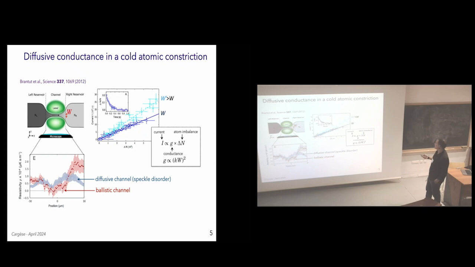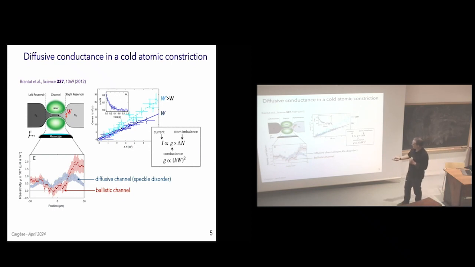And in that case, they could in particular find this proportionality with the cross-section here of the constriction. But even beyond this, the measurement of this conductance, which is a global measurement, they could also achieve spatially resolved measurements of the resistivity inside the constriction using an atomic microscope, which at the time was really cutting-edge technology.